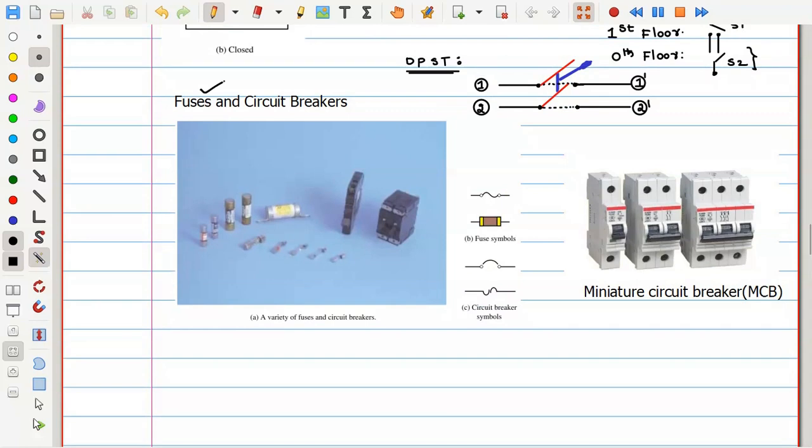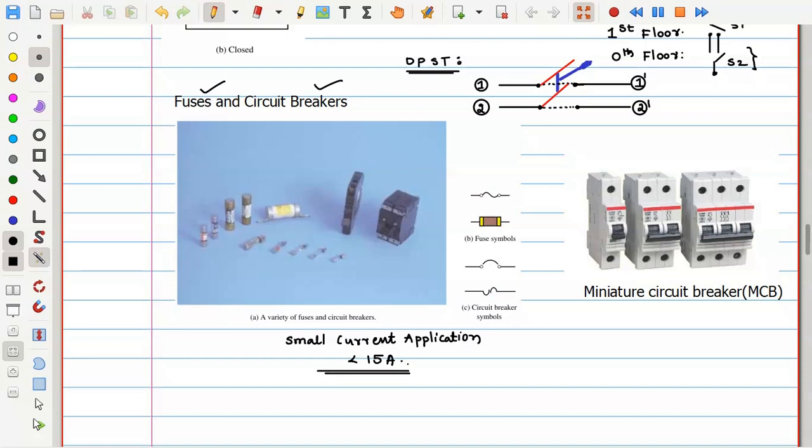That is fuses and circuit breakers. Fuses are usually used for small current applications, usually less than 15 amperes.